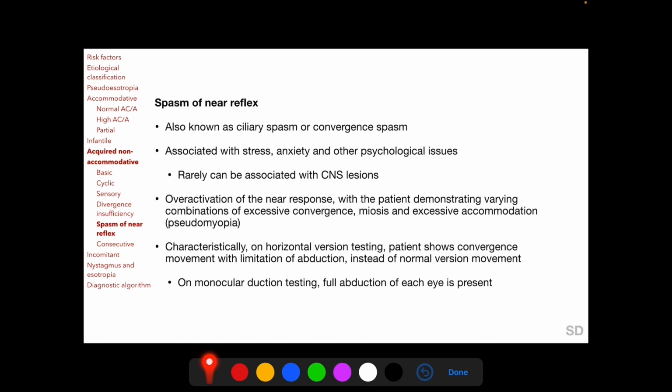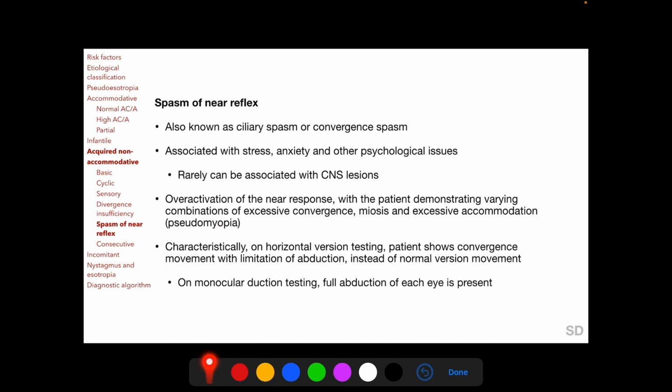In spasm of near reflex, there is overactivation of the near response, with the patient demonstrating varying combinations of excessive convergence, miosis, and excessive accommodation. The myopic shift of refractive error occurring with the excessive accommodation during the spasm is called pseudomyopia.